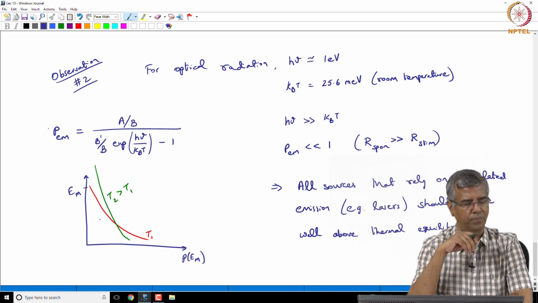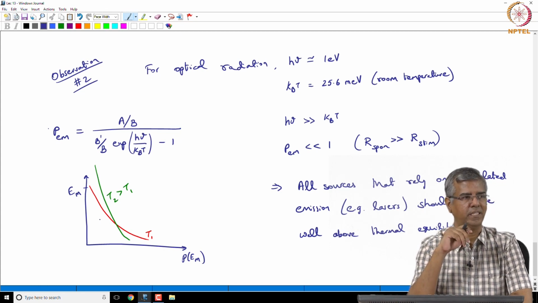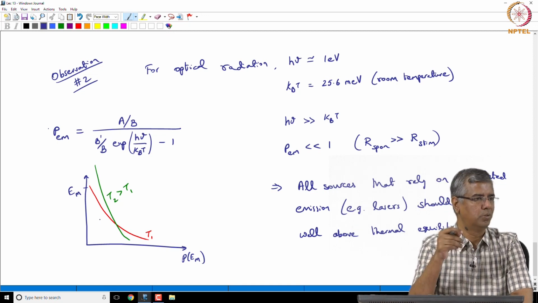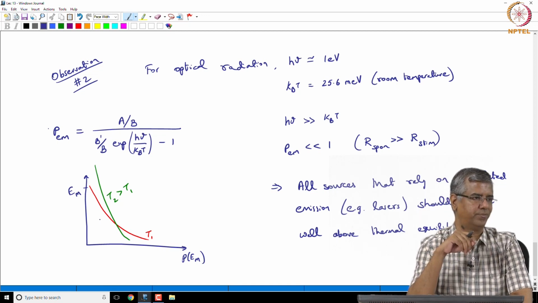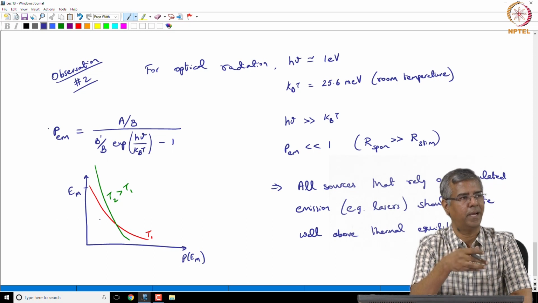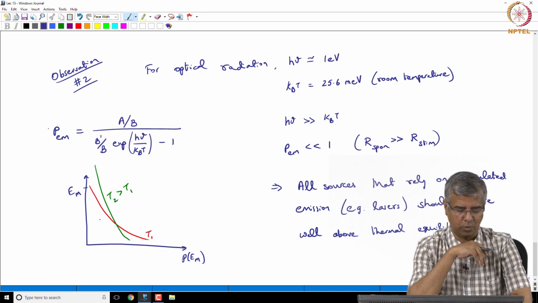So, under thermal equilibrium conditions, you cannot have N2 greater than N1. That is what we are saying here.